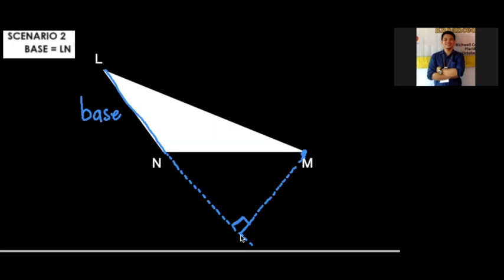And let's name again this point using the letter P. Therefore, we can say now that this is the height of triangle LMN given the base LN. Again, the height here is drawn outside the triangle.